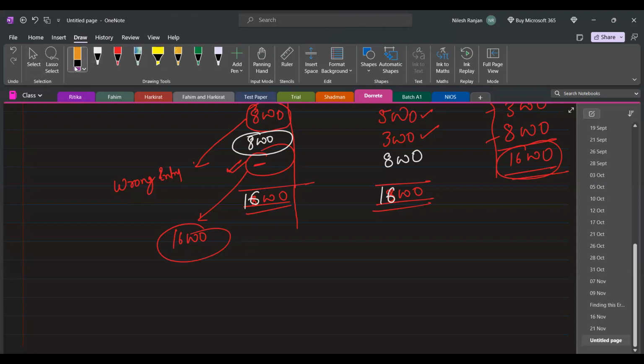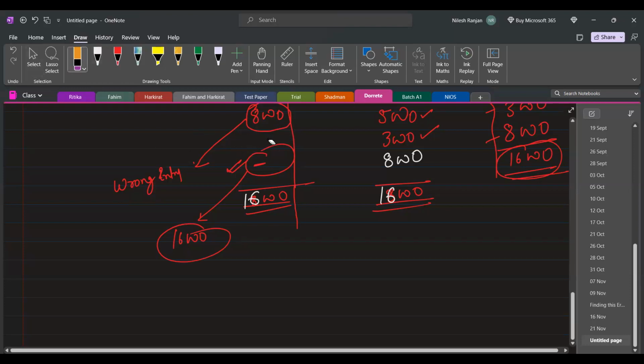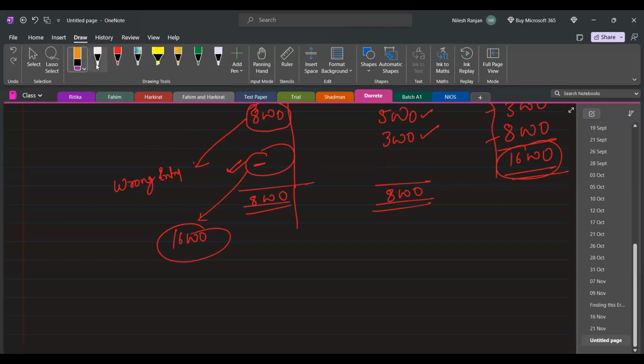Okay, let's understand this. We need one credit side item of 8,000, which is not written on the credit side.